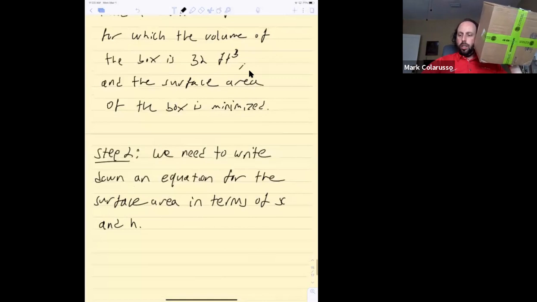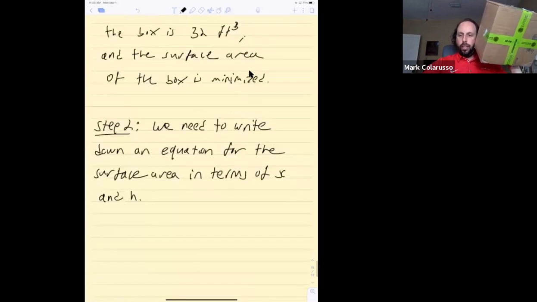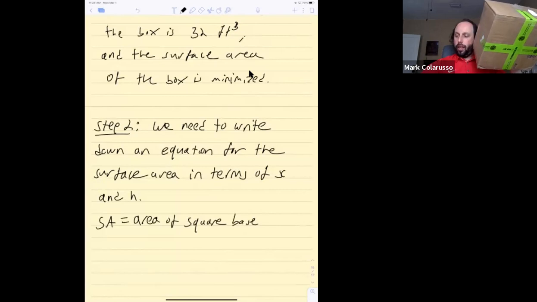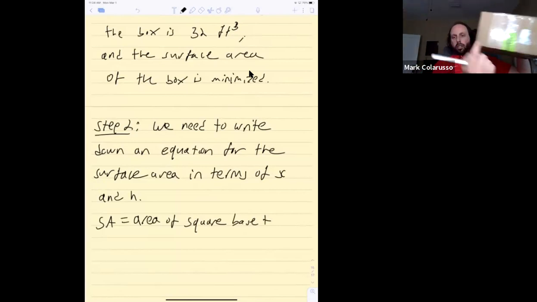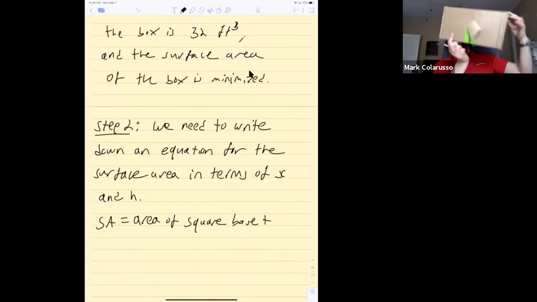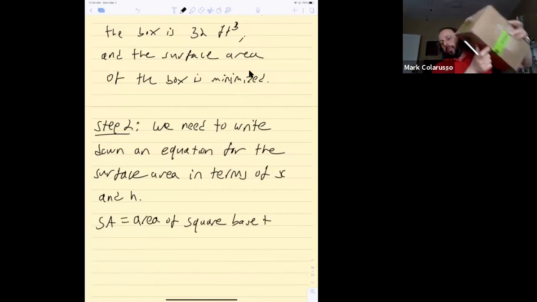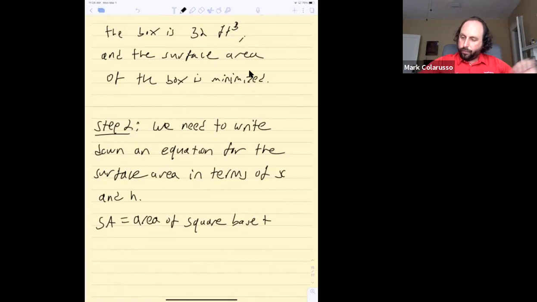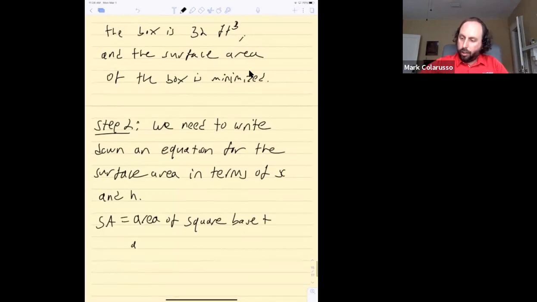I'll call surface area SA, and in geometric terms, it's the area of the square base, and then you have the area of the four sides. So 1, 2, 3, and 4. Plus the area of the four sides.